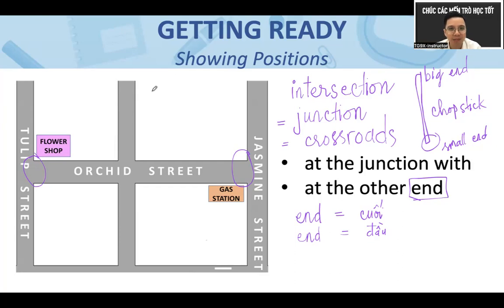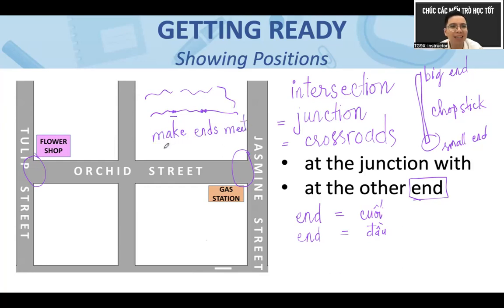Therefore, these are some separate things, and if you can connect them like this, we have an idiom: make ends meet.